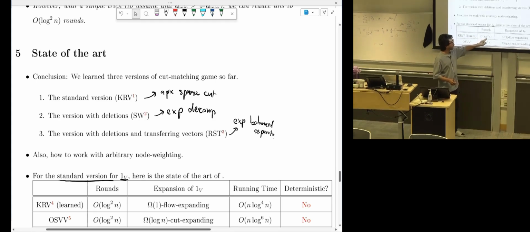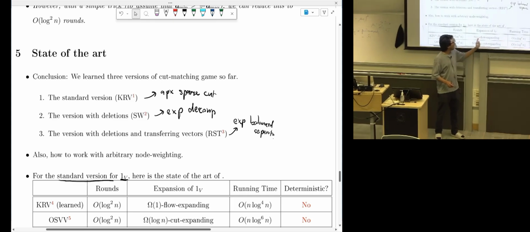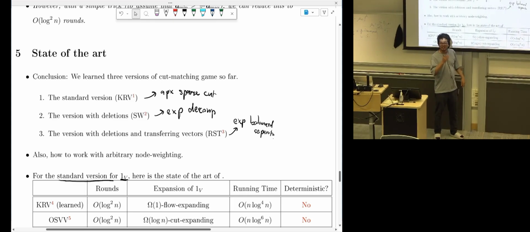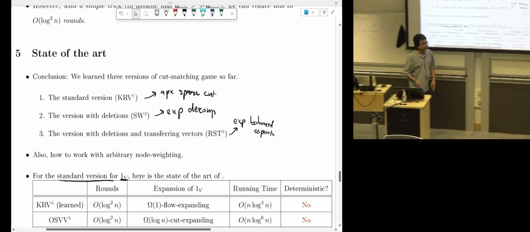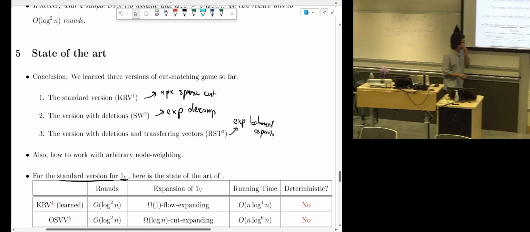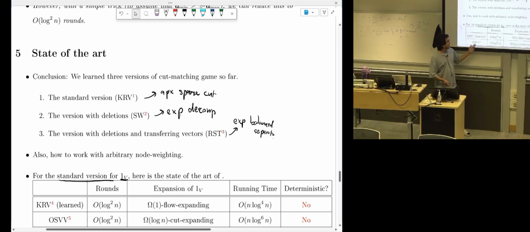The number of rounds is log square, and we conclude at the end that the all one vector is flow expanding. It's one constant flow expanding. The running time is n log to the 4th. It's randomized. But actually, there is a paper that improved upon KRV, by Orecchia, Schulman, Vazirani, Vishnoi.